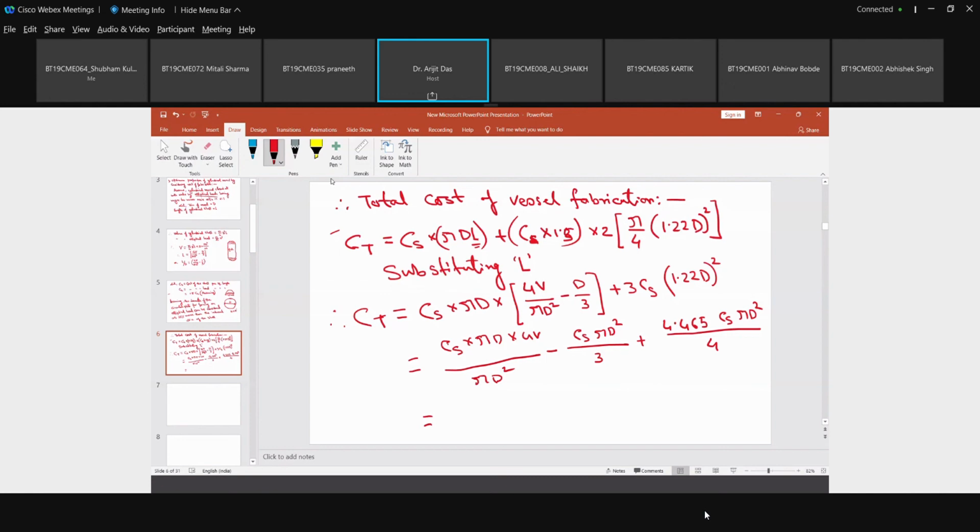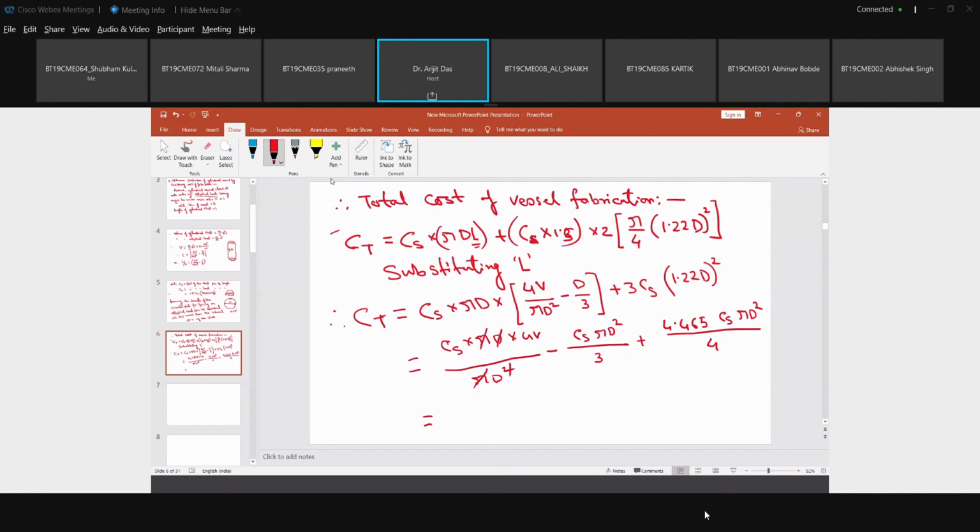So on simplification, what is the value? Here the D goes up and pi vanishes.